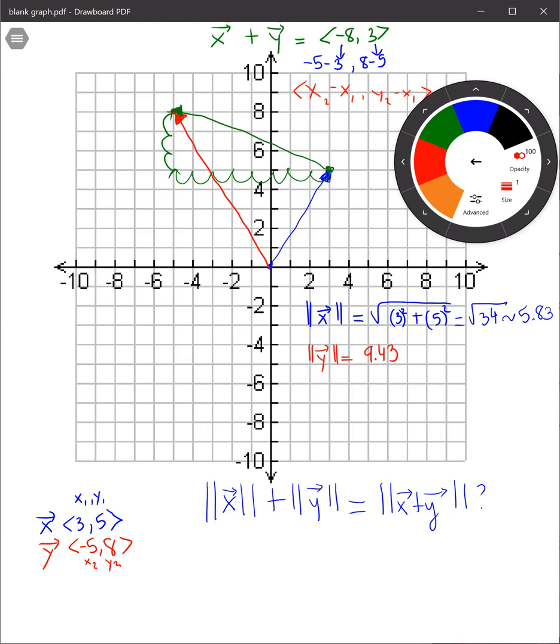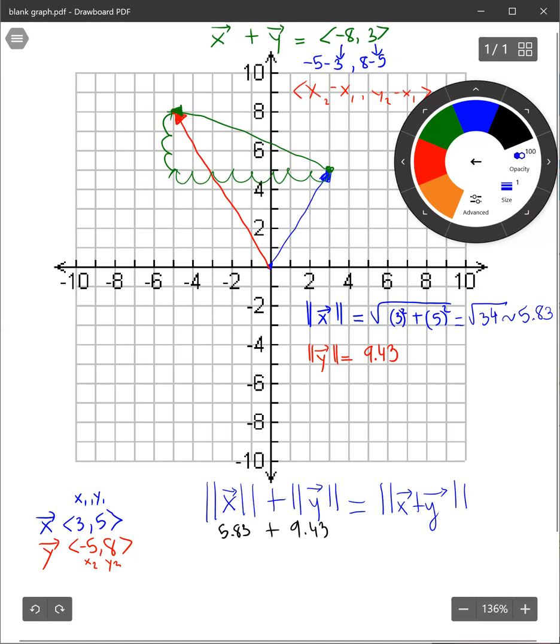Okay, and using that, now I plug in here, so 5.83 plus 9.43 for the left side. And what do I get? So I put a question mark up here. Okay, thank you.